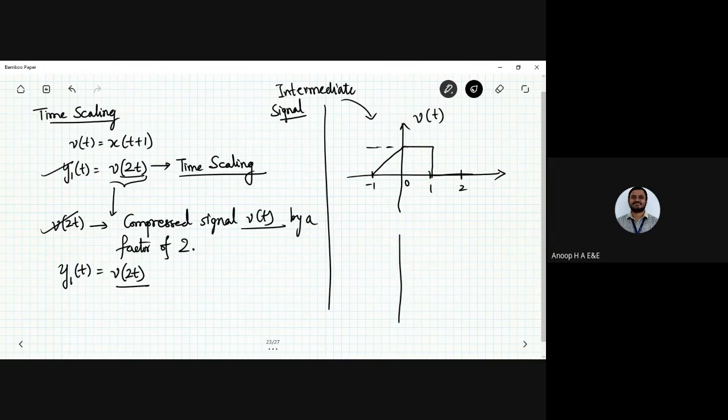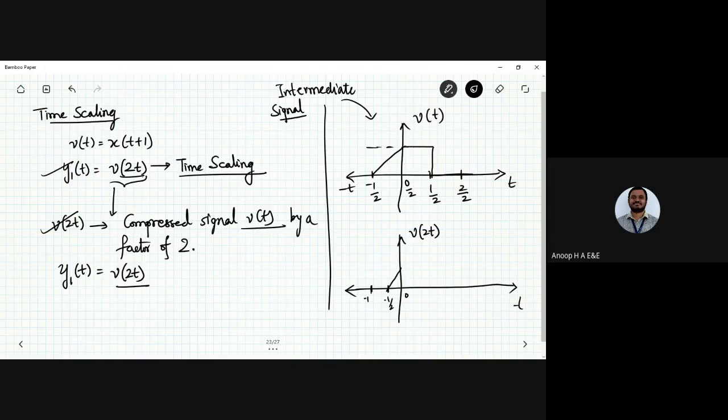So next, what do I need to do? I need to go for the compressed version of the signal, v of 2t. Now, for the compressed version, you need to divide the time axis by 2. For simple understanding, I have divided here. So it is at 1 by 2, -1 by 2, this is 0.